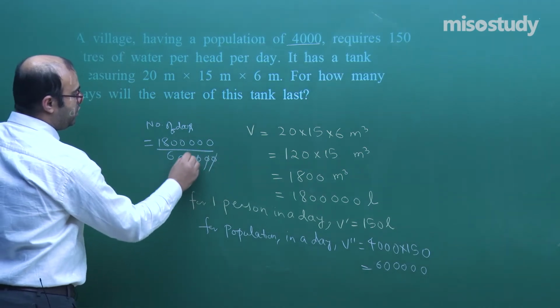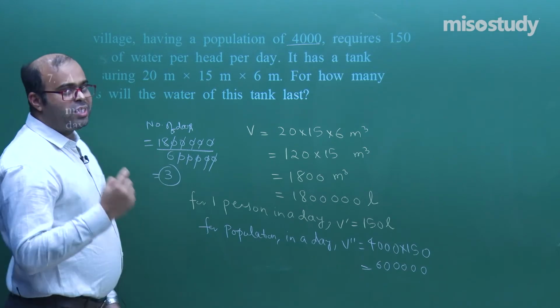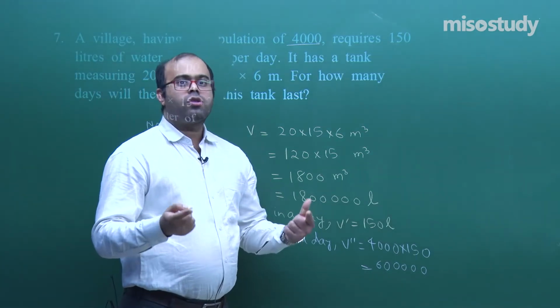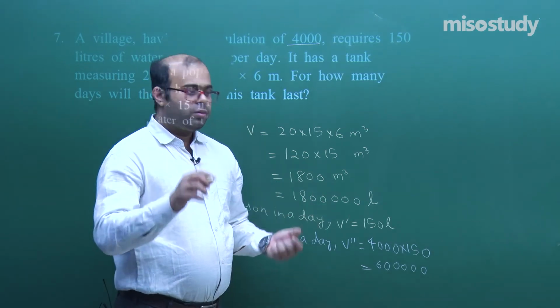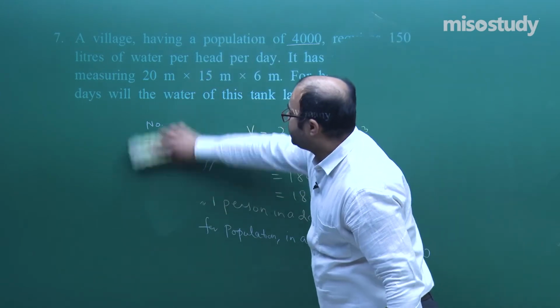So let us cancel these 5 zeros and we come to the answer 3. So for 3 days this water will meet the usage of the 4000 people. This is for 3 days.